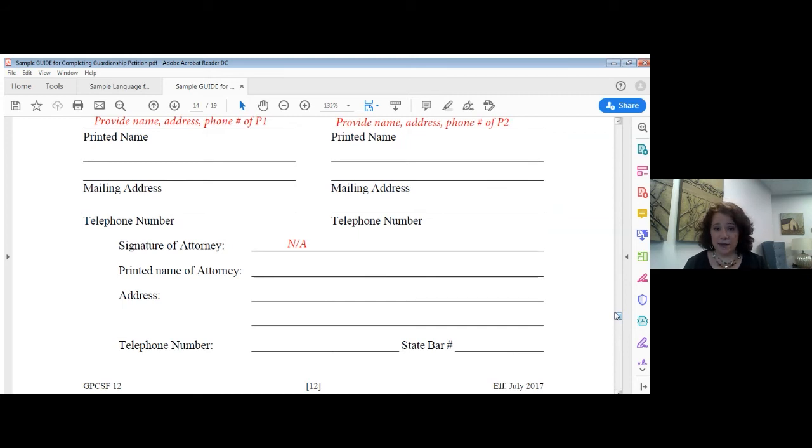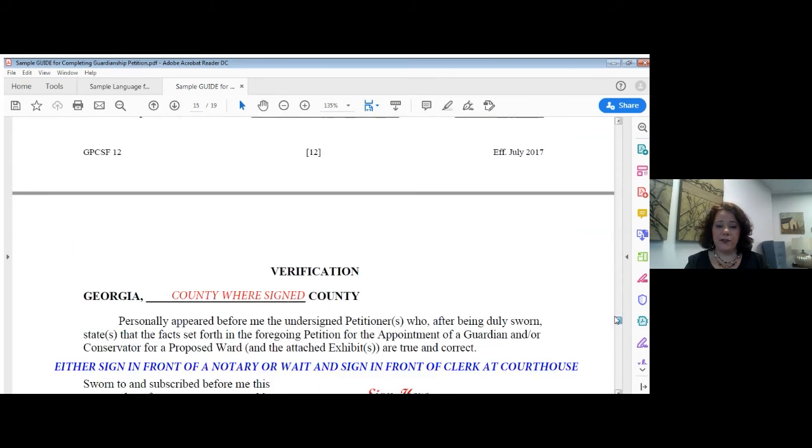You certainly don't have to have an attorney to get this petition done before the court. And we consider these workshops that we do through Focus as pro bono work, because we're really giving you this information so that you truly can do this on your own. So you just put NA there for the attorney.